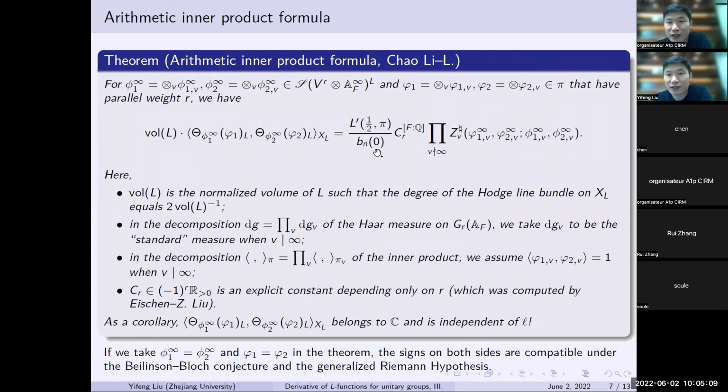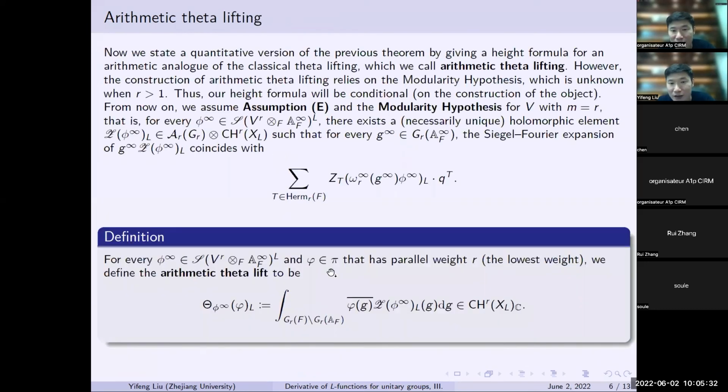Okay, actually, seriously speaking, if you take phi 1 Archimedean to be an arbitrary test vector, it is fine, but you just get a different Archimedean term. However, most likely that term is 0. Because the point is that when you do the theta lifting, you have this term, right?